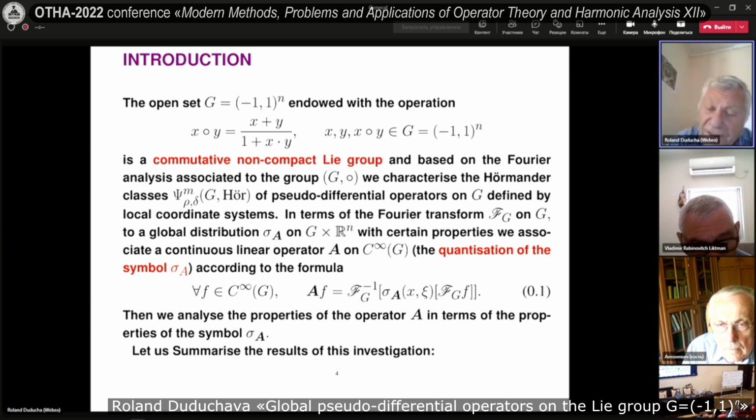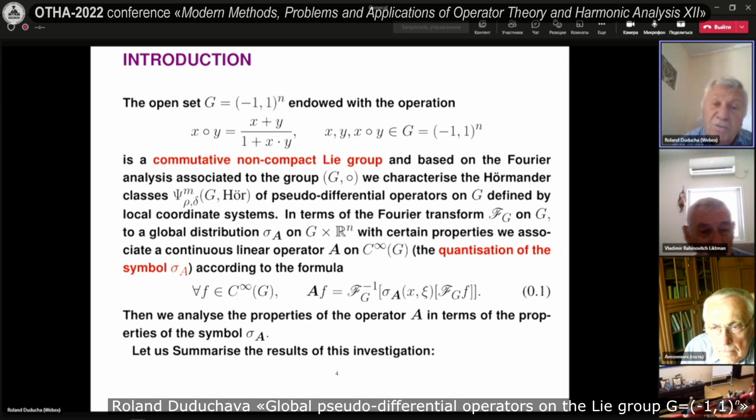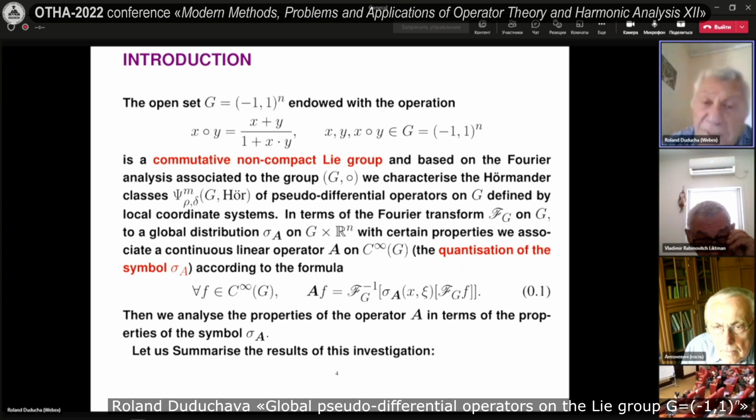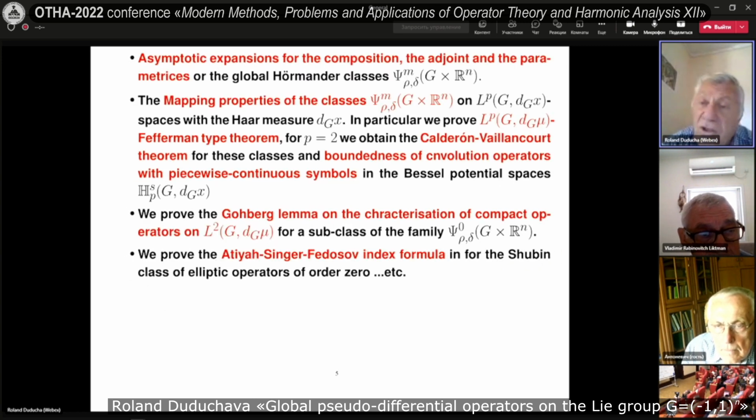With quantization, we define the pseudo-differential operator, given by a formula with the help of the Fourier transform F_G and F_G inverse. Then we analyze its properties, boundedness and composition, and so on. What do we prove? Asymptotic expansion of the composition, adjoint and parametrices.